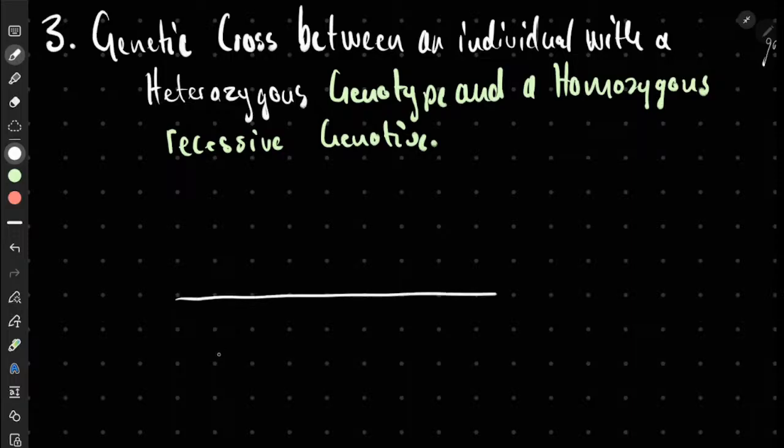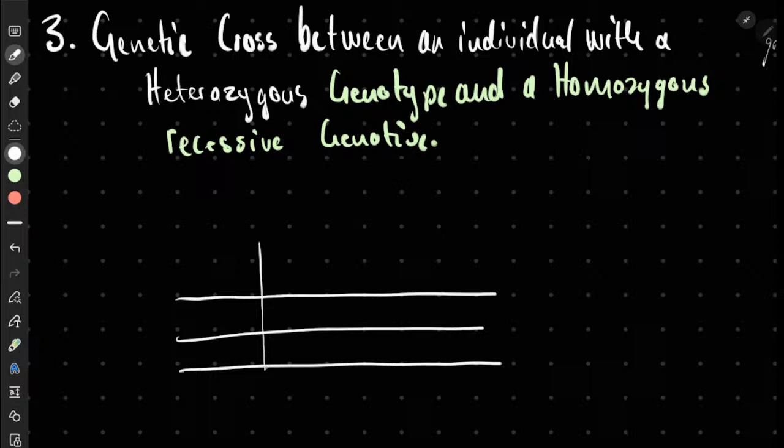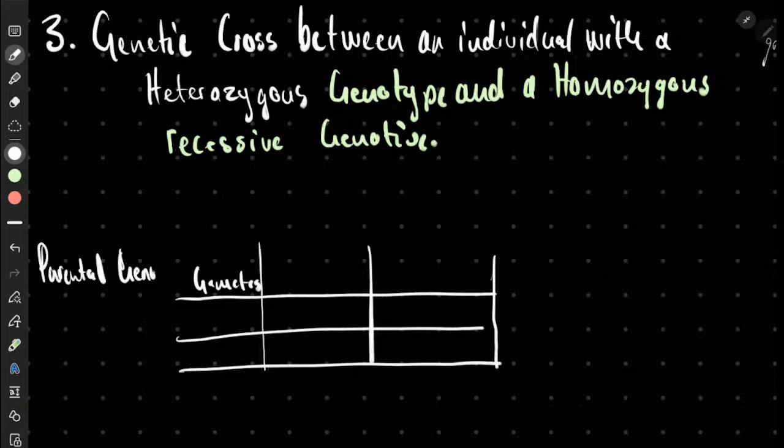So we'll say 1, 2, 3. Then we'll say 1, then 2, then 3. Like this. And here is where you have the gametes. Then this is parental genotype.